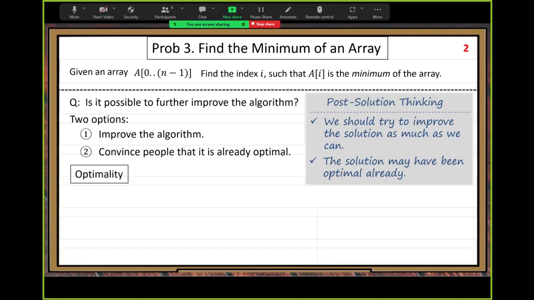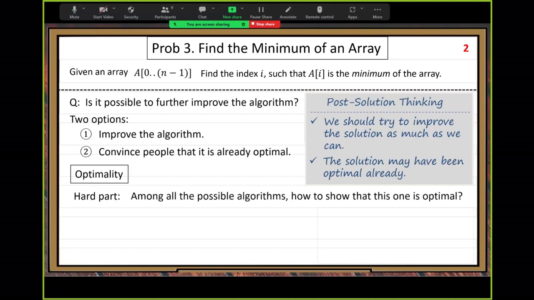Now let me explain the optimality concept. What's the optimality? In order to convince people the current algorithm is already optimal, it is pretty hard. The hard part is that we need to consider all the possible algorithms that solve the selection problem.